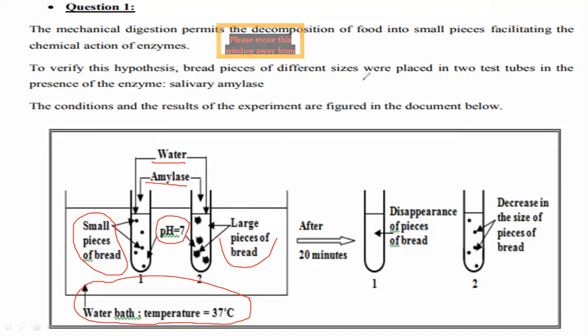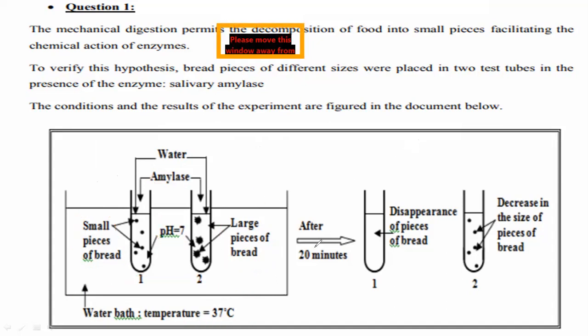Here, the size is very small, and here the size is large. So this is the variable factor. Tube 1 is small, and tube 2 is large. Both of them are left for about 20 minutes.